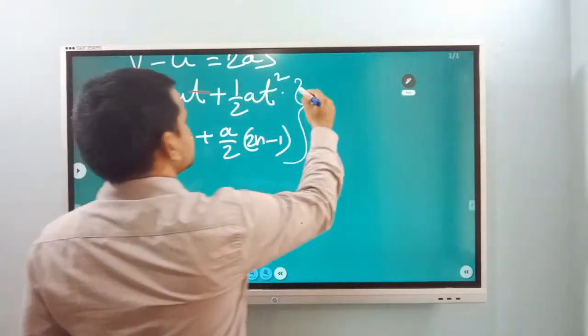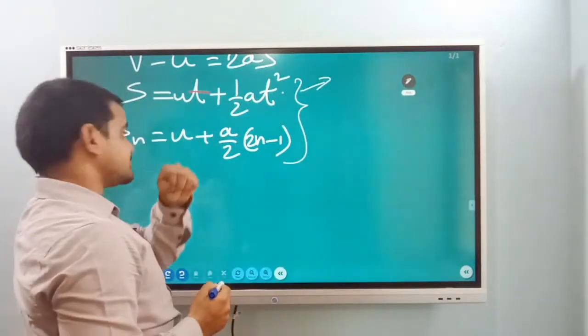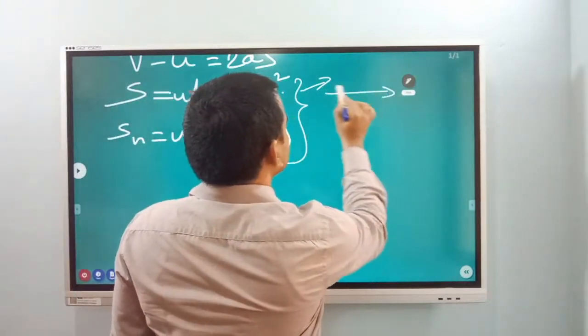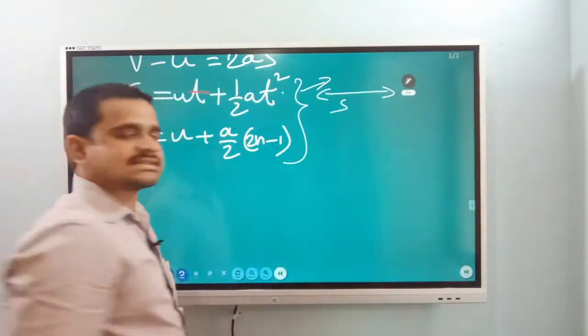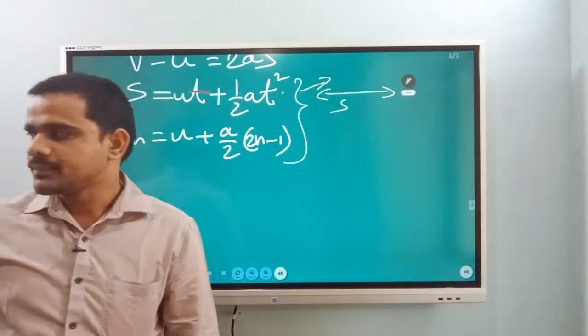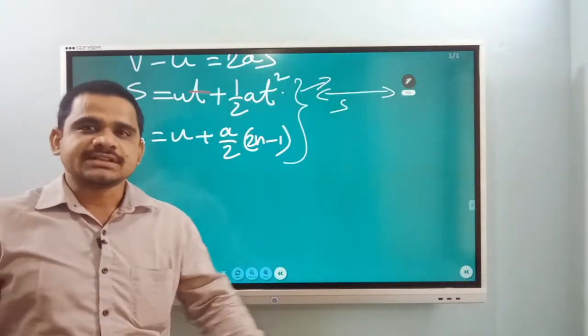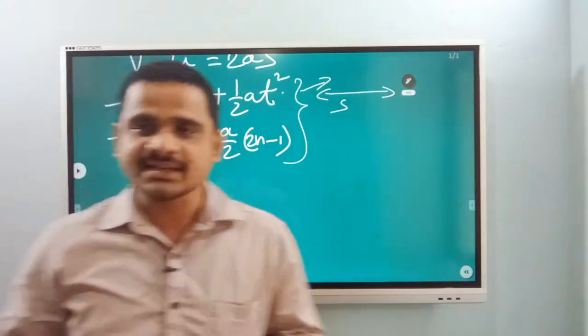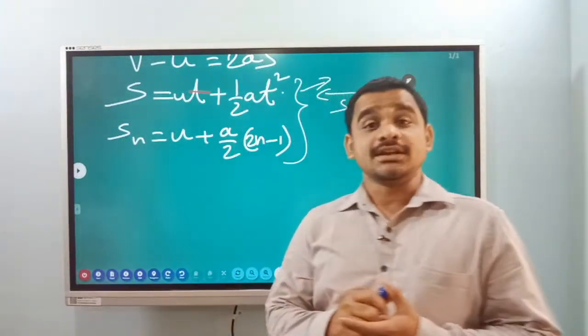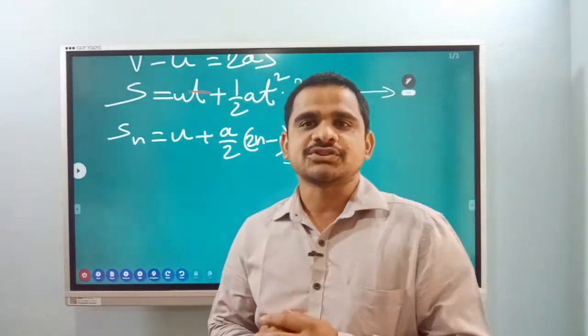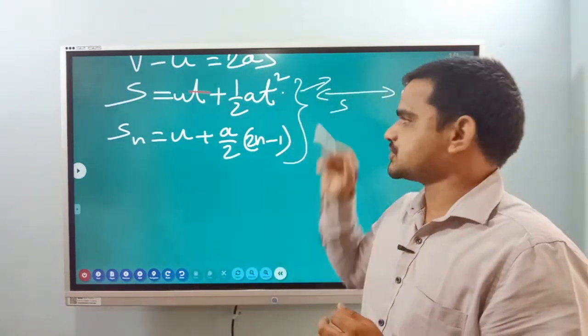Here this one is to be used only when he is asking the total time of journey, the distance traveled in the total time, means in 10 seconds how much displacement, in 20 seconds how much displacement. In these situations only we go for this expression.